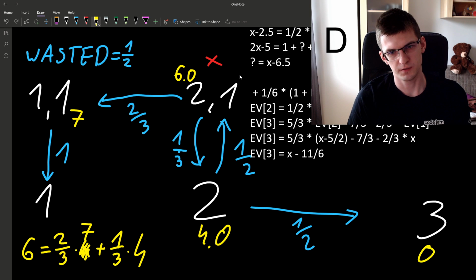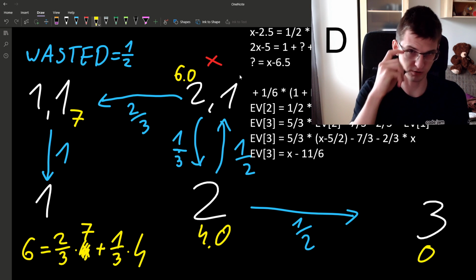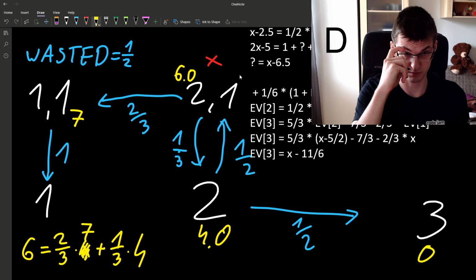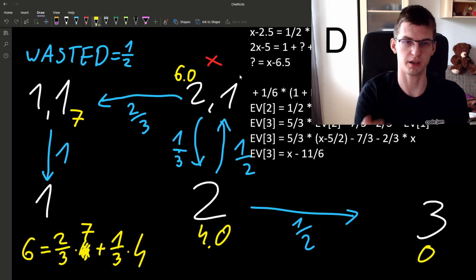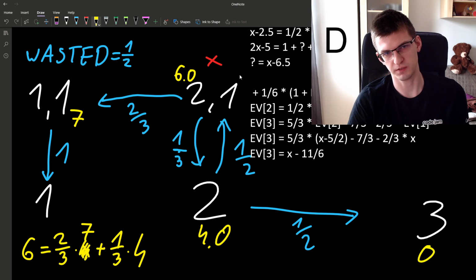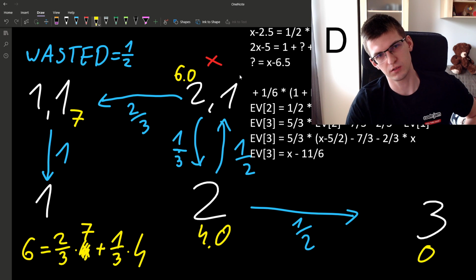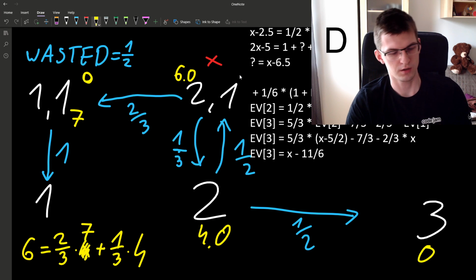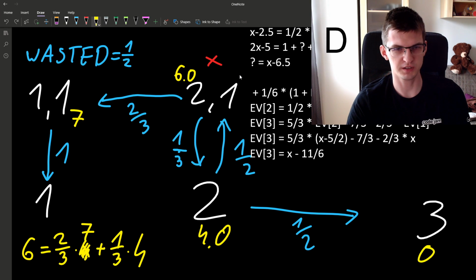And finally, from 1, 1, I now assign a cookie. No, I take away a cookie, which doesn't cost me anything. And it can be that one last hidden cookie. With probability 1/3, I'm wasting a move.